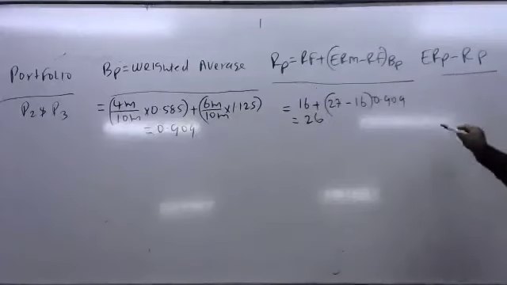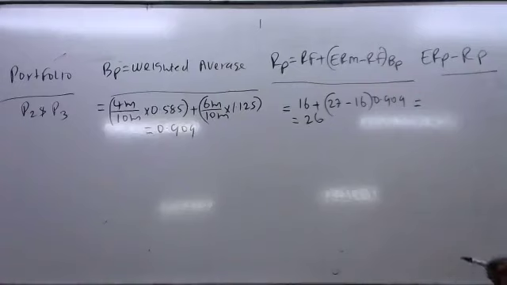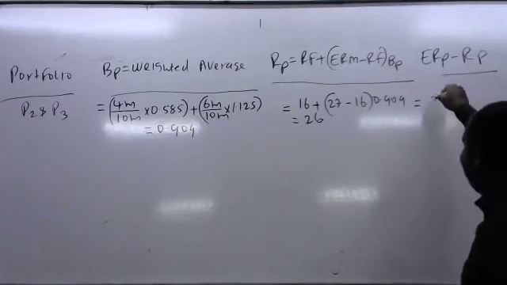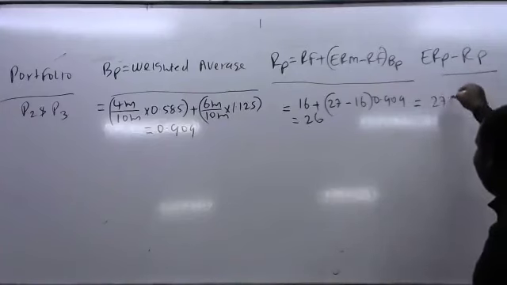So now we come to this point. You see expected return for the portfolio. If we check when we started the question, we calculated that. Do you remember how to determine the project to accept? We calculated those expected returns. For that combination 2 and 3, it was how much? 27.2.